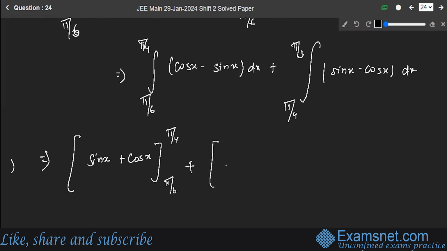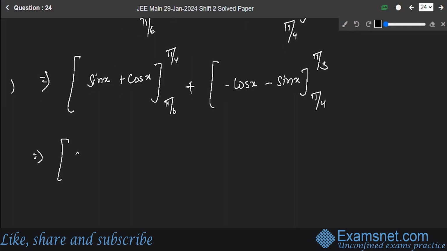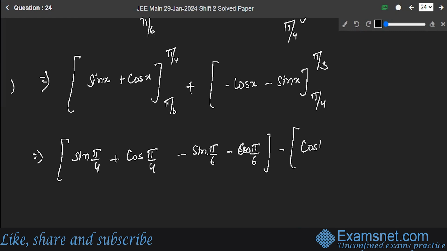Plus this will be minus cos x minus sin x. Now this is sin pi by 4 plus cos pi by 4 minus sin pi by 6 minus cos pi by 6. Minus, I'm taking outside, this is cos pi by 3 plus sin pi by 3 minus cos pi by 4 minus sin pi by 4.